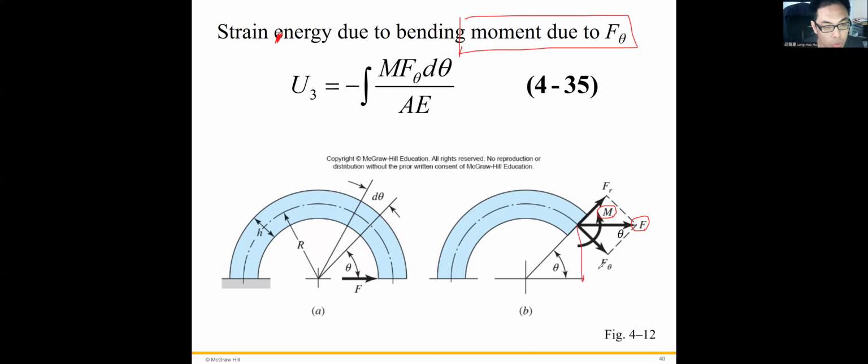This distance equals R sine theta. So there's another moment due to the axial load, because there's a neutral axis somewhere.